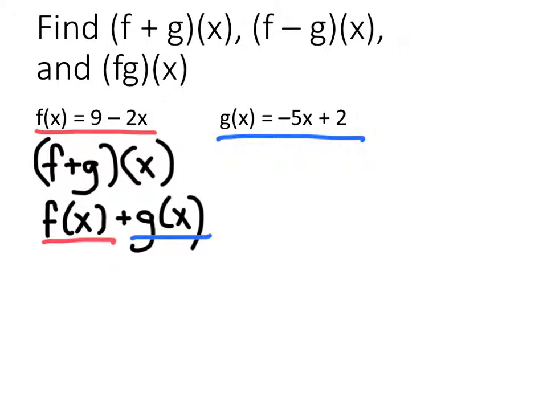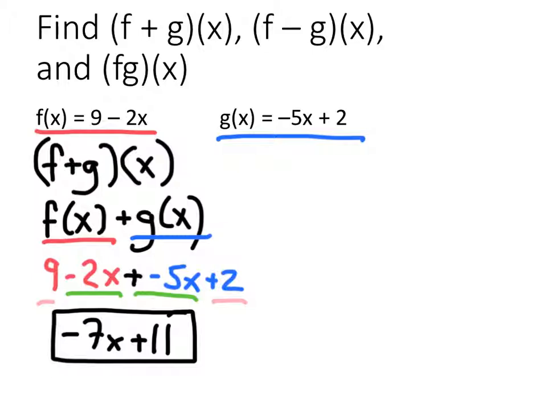I'm going to make my substitutions. And then in this problem, I do have some like terms that I can collect, which is the two x terms, and also the two constant terms. So my final expression for f plus g of x is negative 7x plus 11.